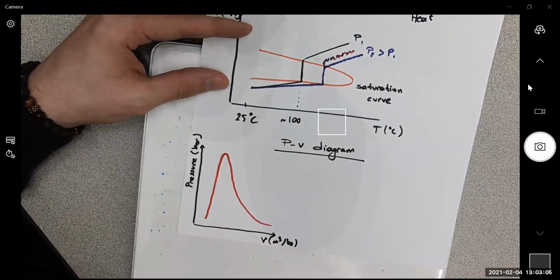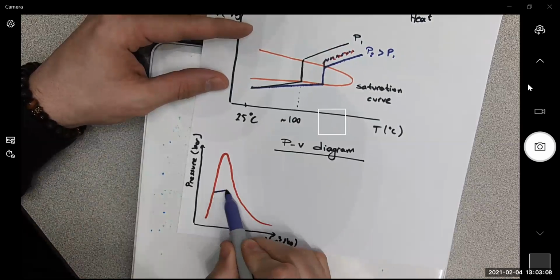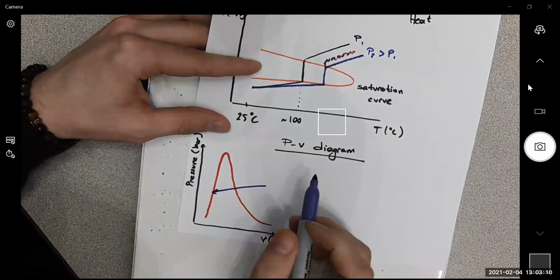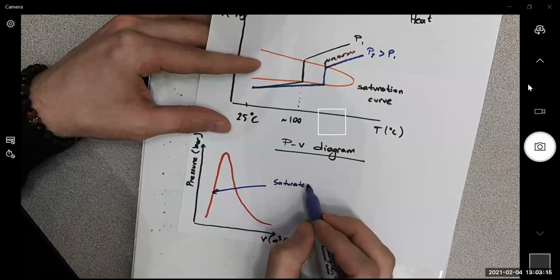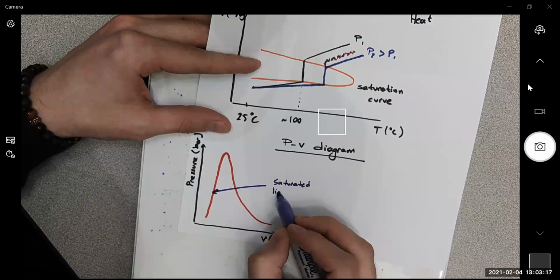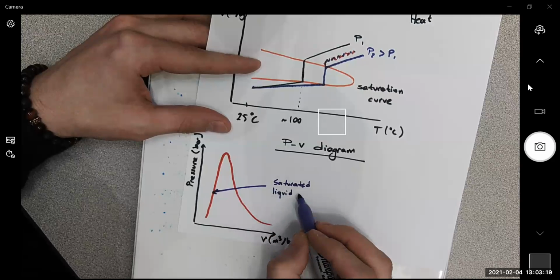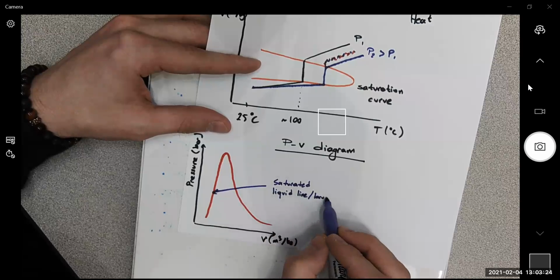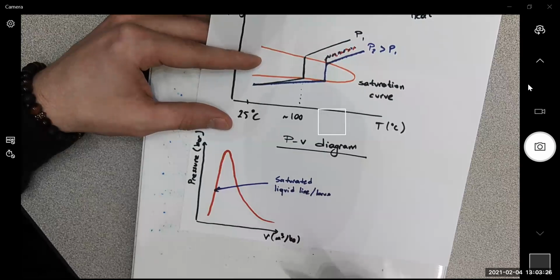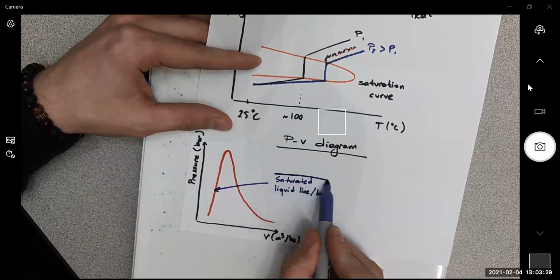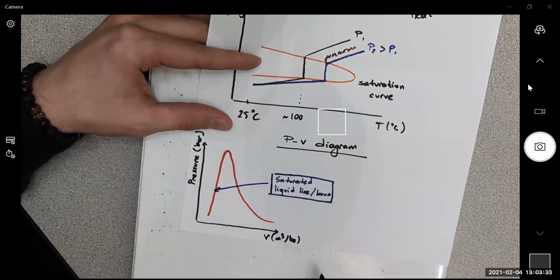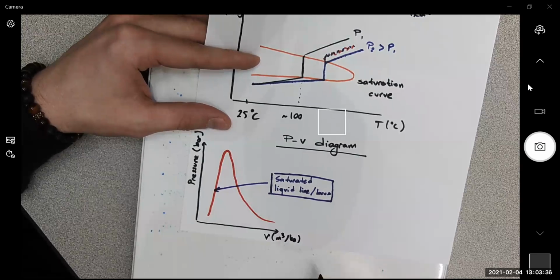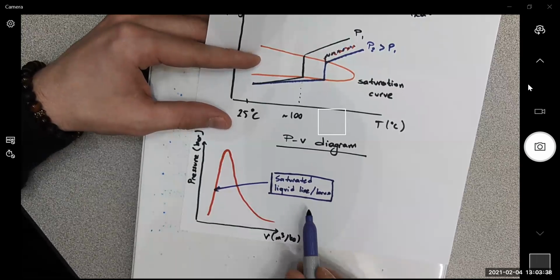Here, this line is the saturated liquid line or locus.